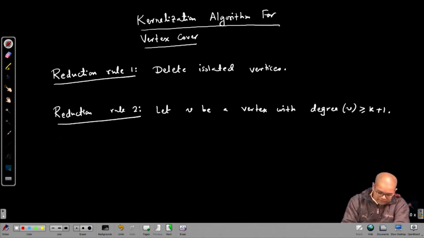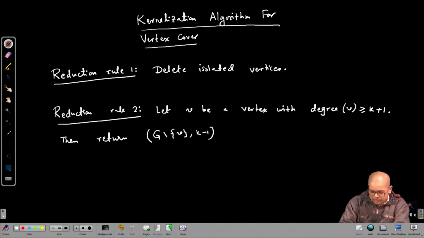So then return G minus v, pick v, and the budget becomes k minus 1.